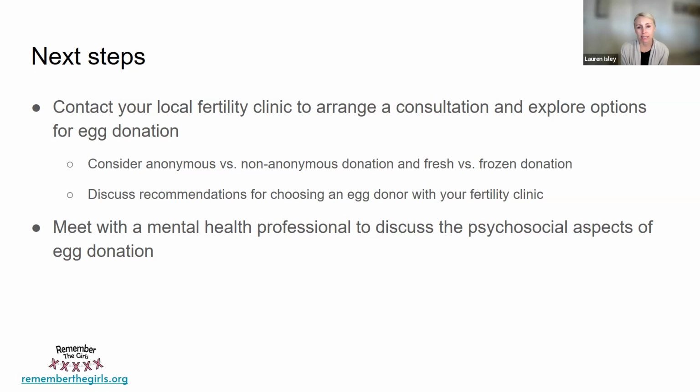When you're looking at options, it's important to think about whether you would consider using an anonymous egg donor versus a non-anonymous or known donor, and whether you would use a fresh donor, meaning the egg donor is going through IVF and egg retrieval in real time, in sync with the recipient's reproductive cycle, versus, as I mentioned previously, a donor who has already undergone IVF and egg retrieval and has had a group of eggs frozen that are ready to be thawed for reproductive use.